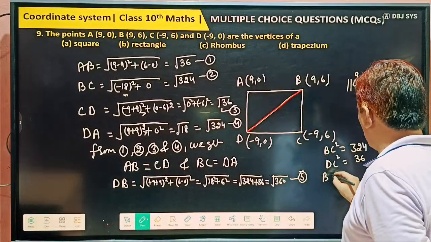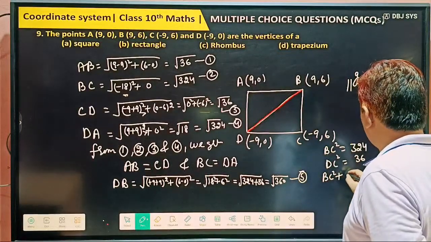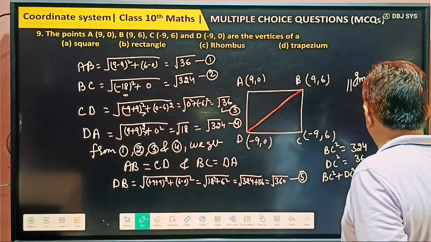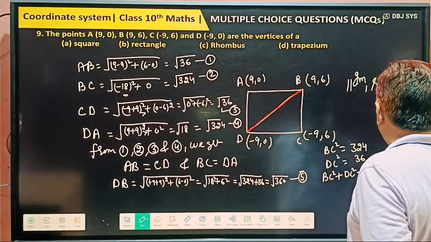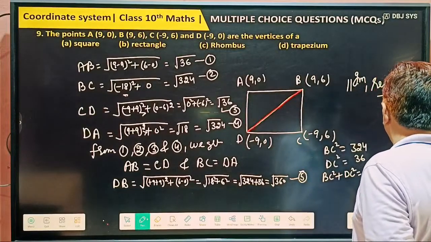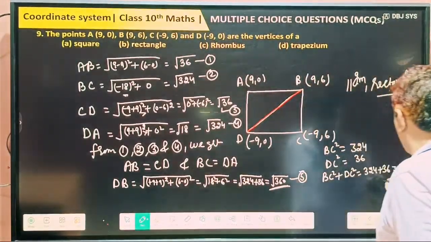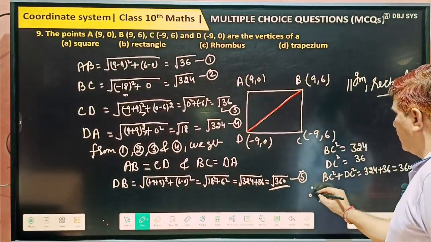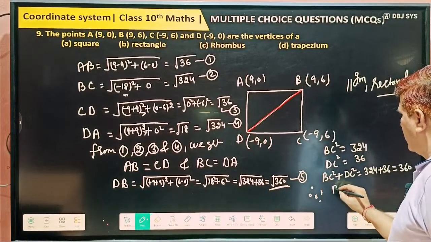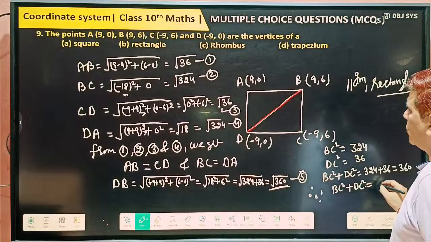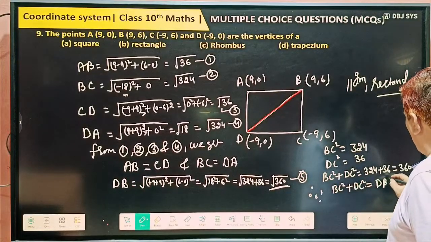So BC square plus DC square is equal to 324 plus 36, which is equal to 360, and the square of the root 360 we can take. Therefore BC square plus DC square is equal to DB square.